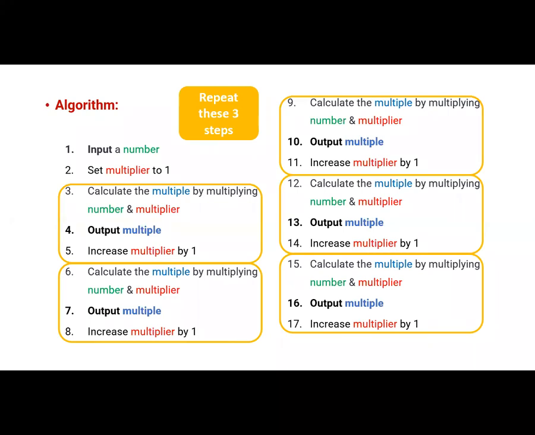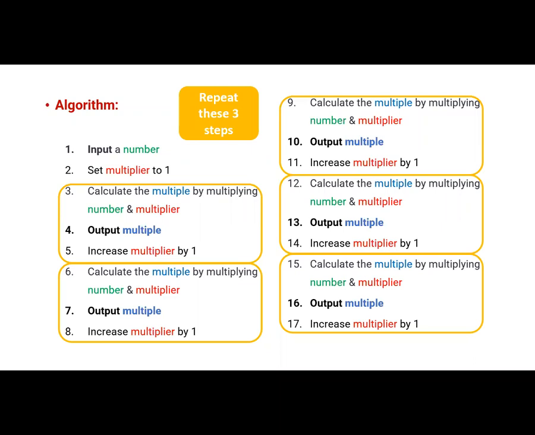Now we can get the multiple by multiplying the number and the multiplier. The fourth step is output the multiple. Then you need to increase the multiplier by 1.